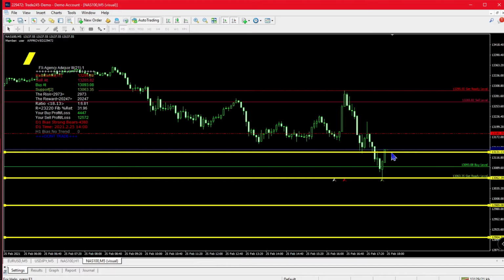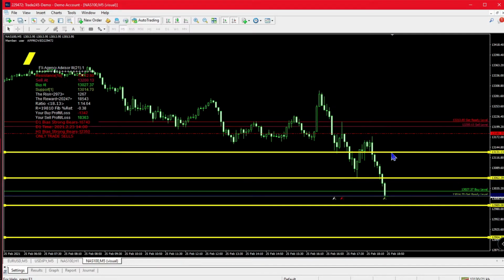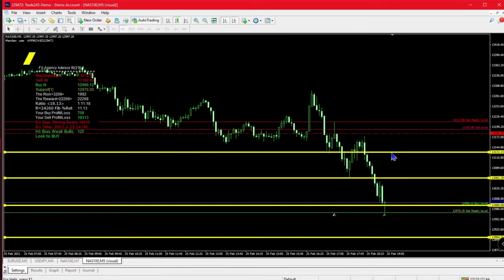So if we want to go to another trade, we need to move this along. Okay, so this is our levels indicating that we could probably buy this.